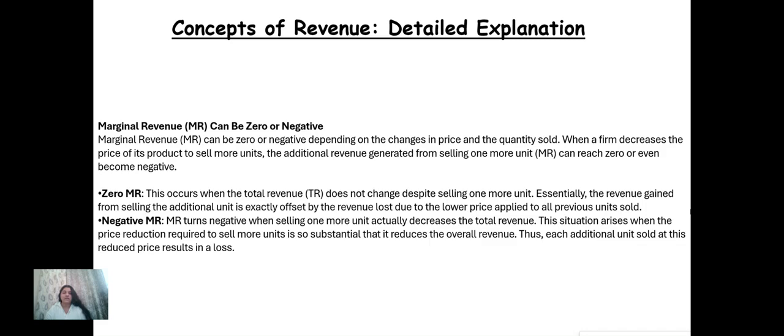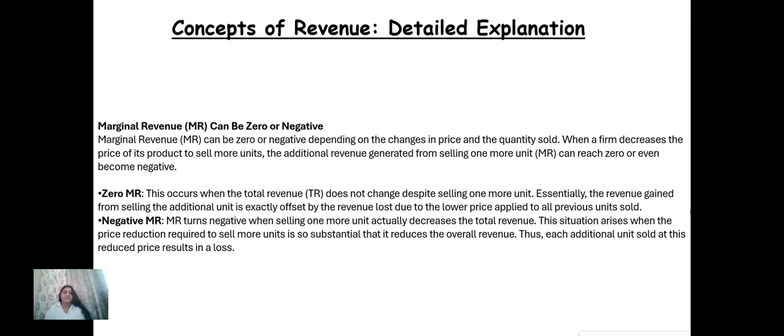Zero MR tells that TR, meaning total revenue, does not change despite selling one more unit, and negative MR means a decrease in the total amount. When we make a curve, zero means it's linear, and in the negative MR, the curve goes downwards. This is the basic difference between zero MR and negative MR.